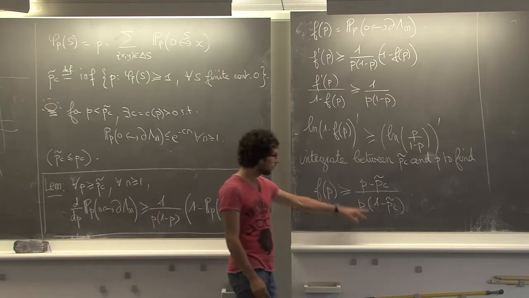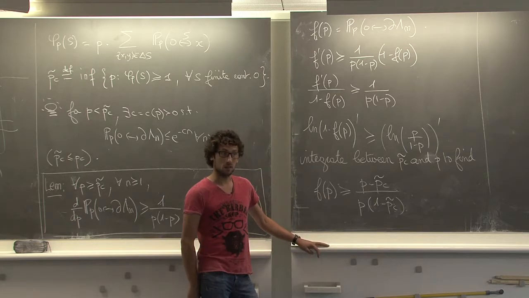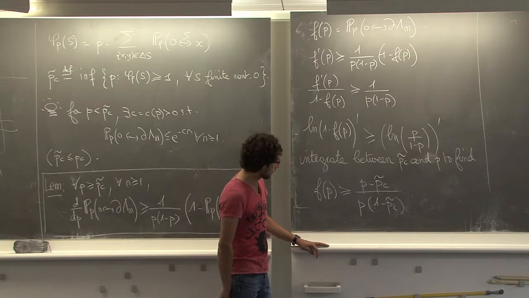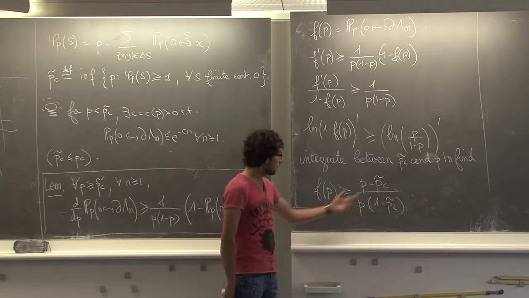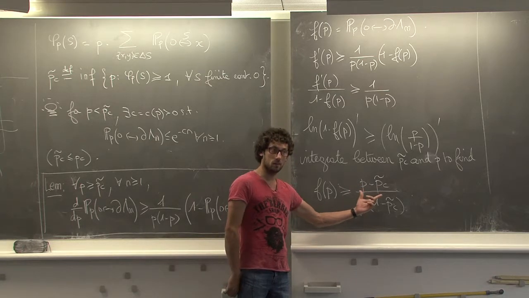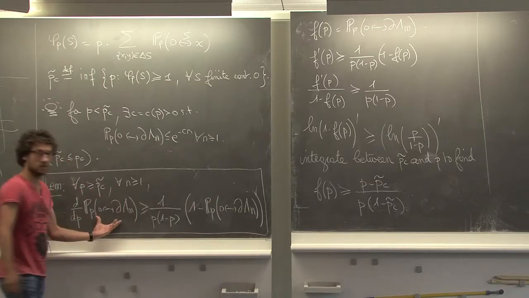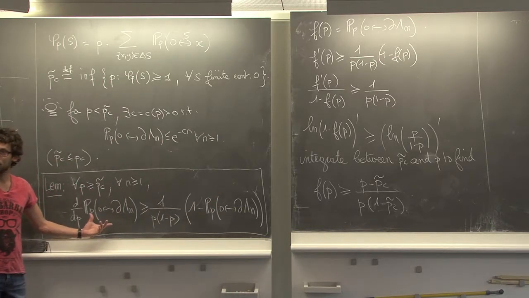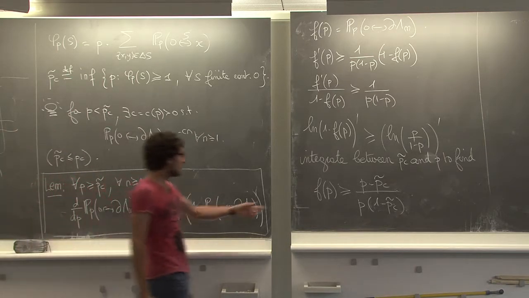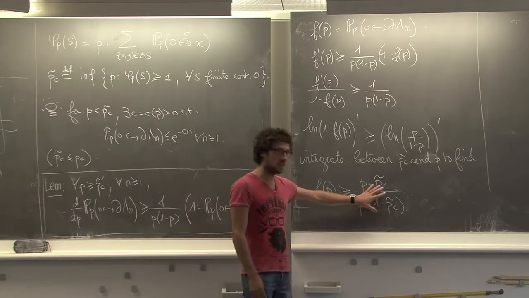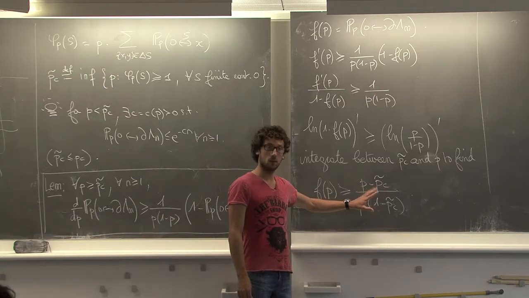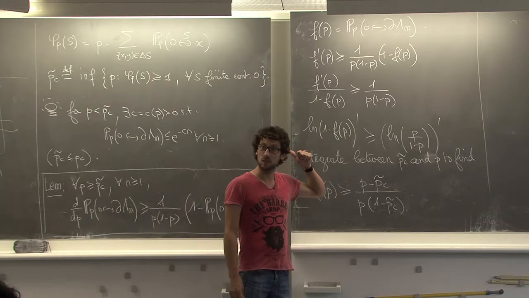So notice, there are a few interesting facts about that. The first one is that in addition to telling you that it's going to be positive above p_c tilde, which anyway we knew, since this is a probability which is positive anyway, it's independent of n. The bound here doesn't depend on n, so I can let n tend to infinity.